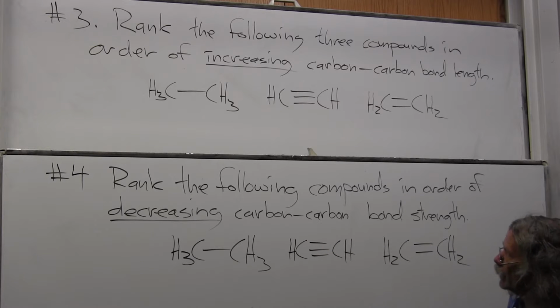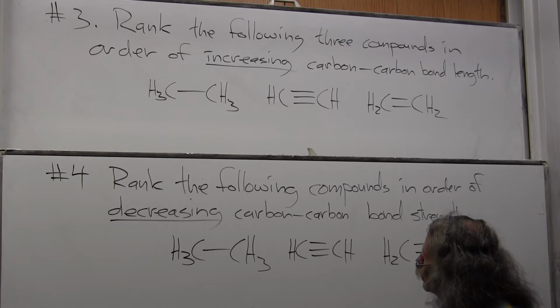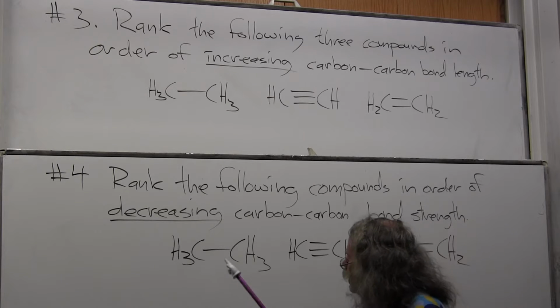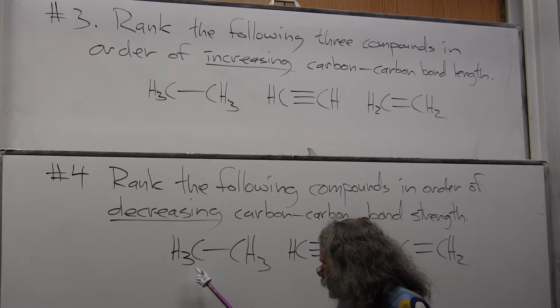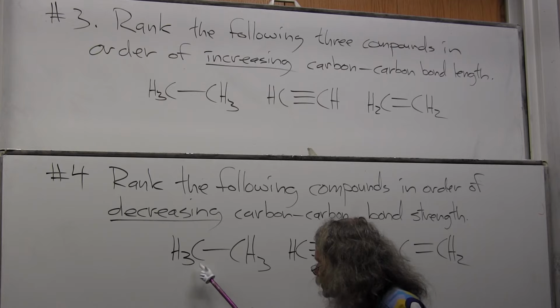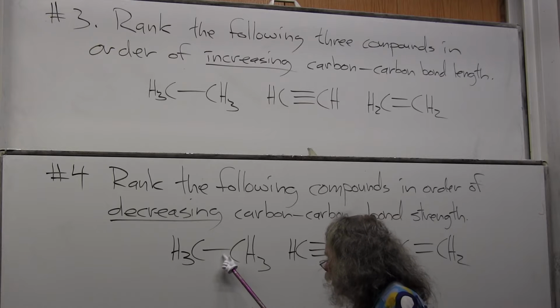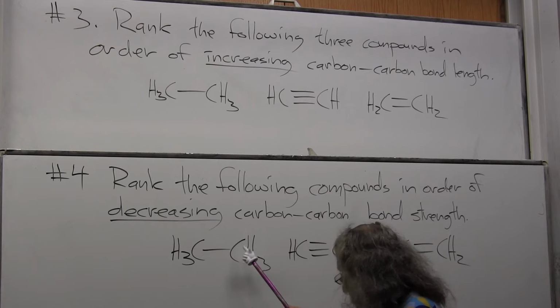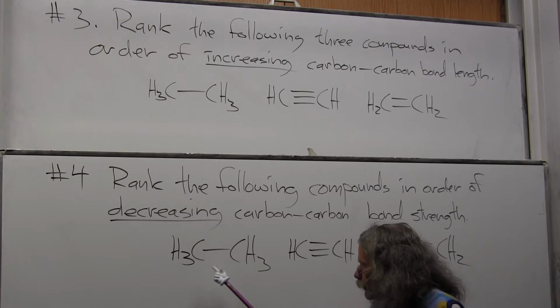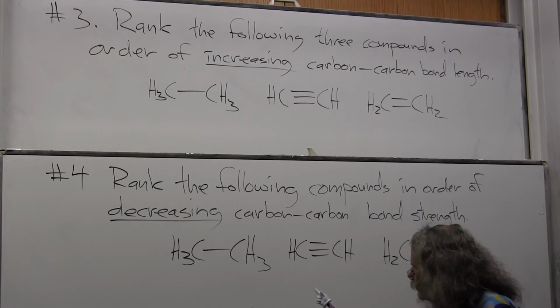And I've got the same 3 compounds, and the compounds in both questions are depicted as a single bond, H3C, with a line connecting it to CH3. So it's a carbon-carbon single bond.